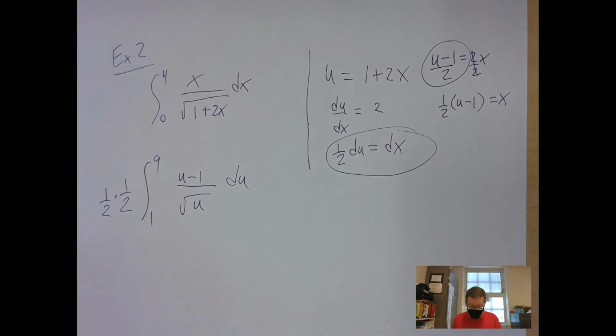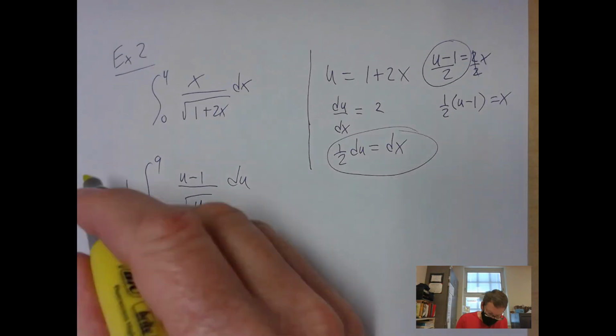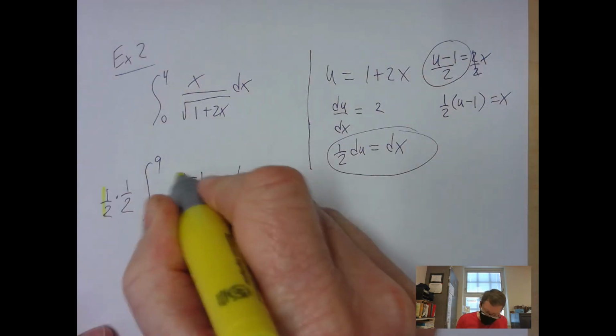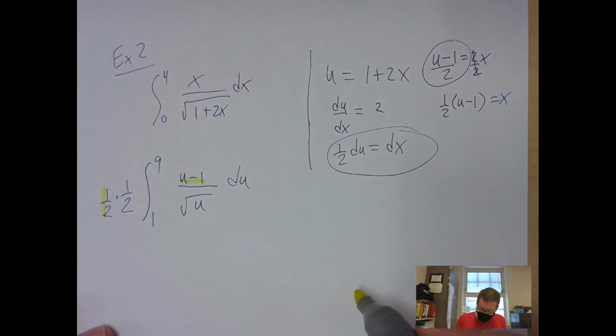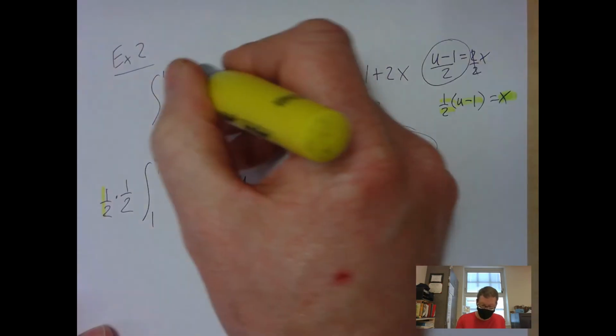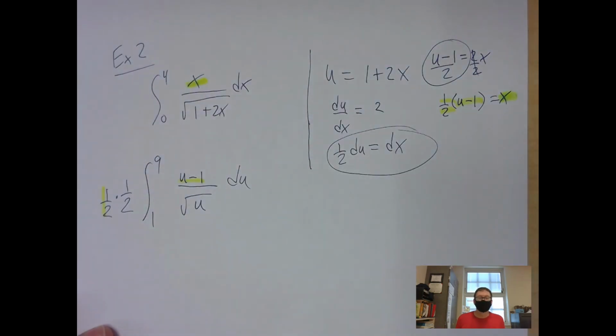So how about some highlighter colors? This 1/2 and this du is equal to this 1/2 and du right there, right? Which is the same thing as x. So x became 1/2 du.